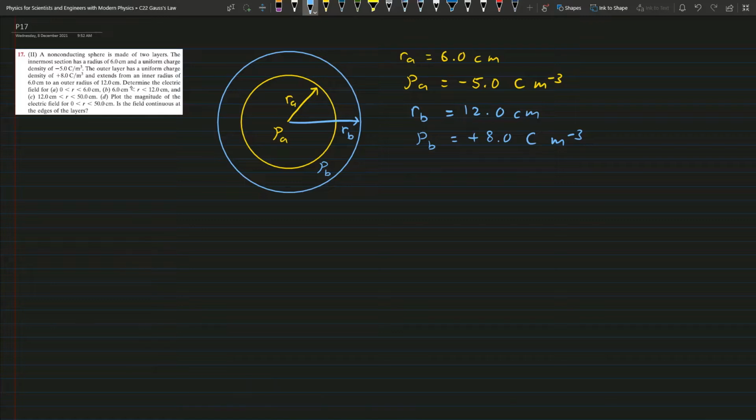First, we are asked to determine the electric field for part A, from 0 until R equals 6.0 cm.